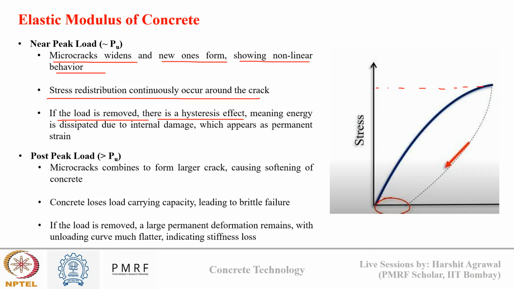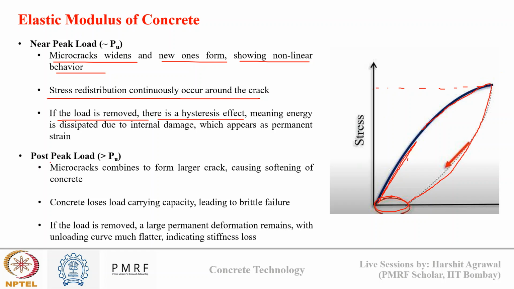So till here I saw that if I remove load, I achieve some partial recovery. However, if I go up to this maximum stress level and remove load, the strain will reduce and there will be some permanent deformation inside the concrete. So this is when I am loading till the peak load.